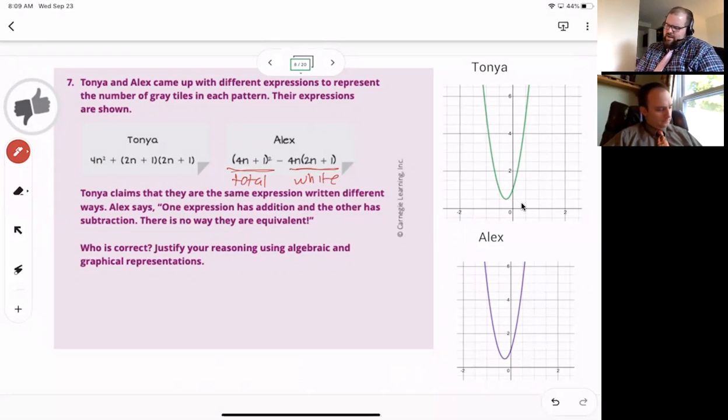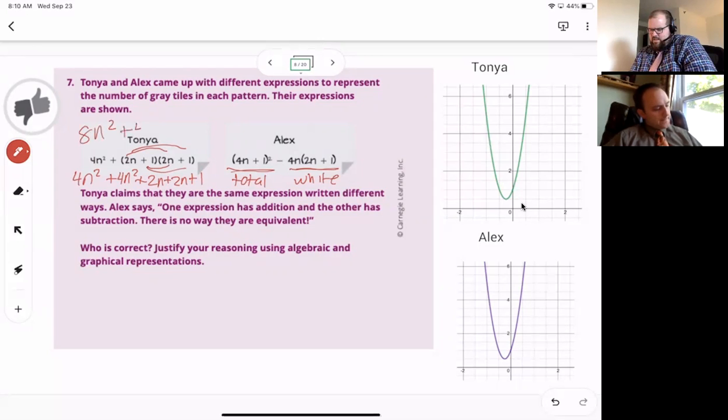I don't recognize any patterns in Tanya's. But what if we multiplied these together and saw if this was the same thing? So that would be 4n squared plus another 4n squared plus 2n and 2n, and then plus 1. Okay, so that would be 8n squared plus 4n plus 1.